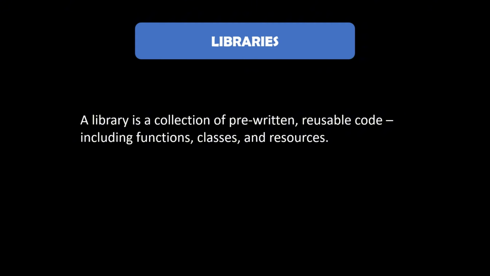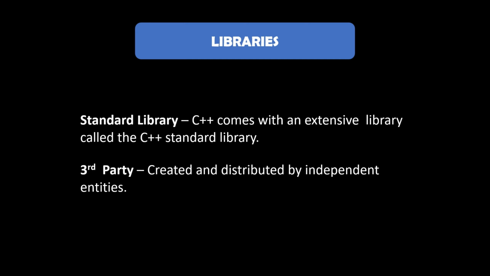Now the library, one of the most important things: it's a collection of pre-written, reusable code, including functions, classes, and resources. There are two types of libraries. The standard library: C++ comes with an extensive library called the C++ standard library. And third party libraries, which are created and distributed by independent or other entities.